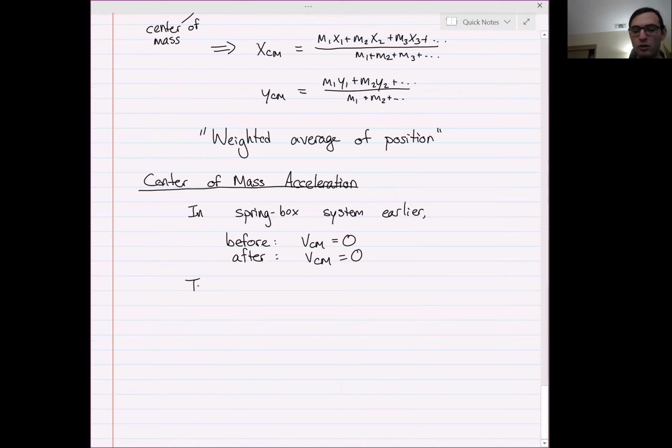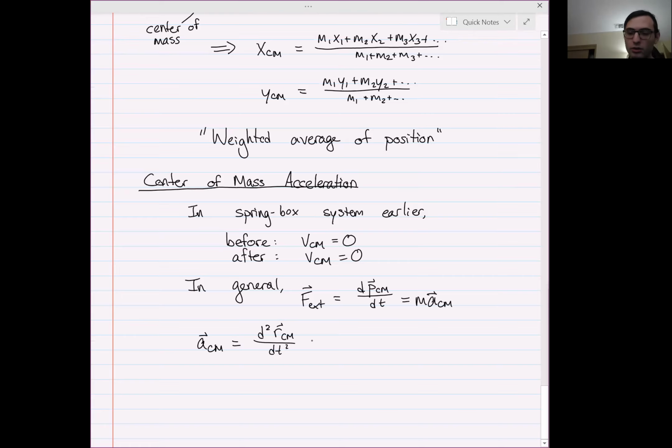So in general, the external force is just the time derivative. This is another way of writing Newton's laws: the time derivative of the center of mass momentum, which is just the mass times the center of mass acceleration, where the center of mass acceleration can be written as two time derivatives of the center of mass position.